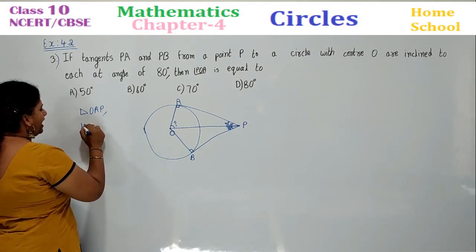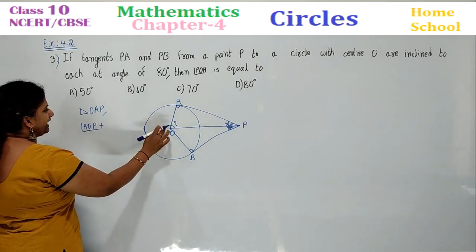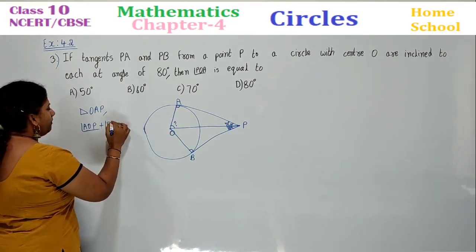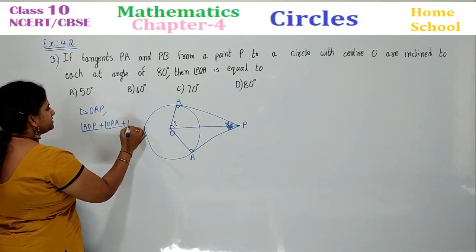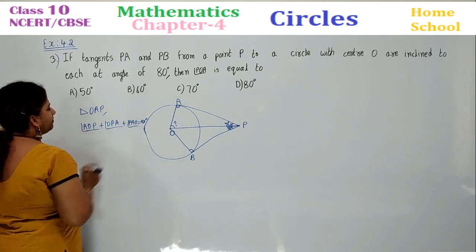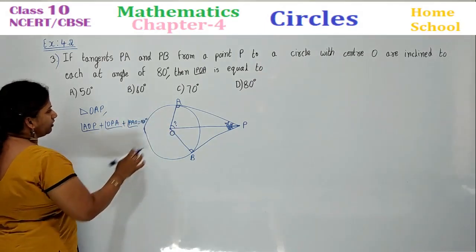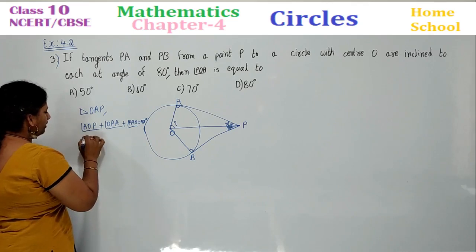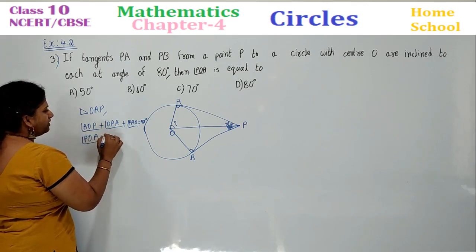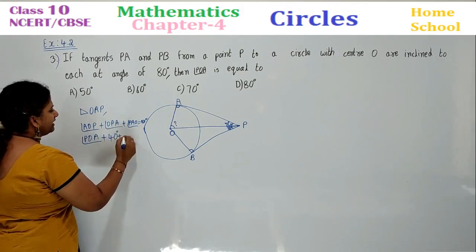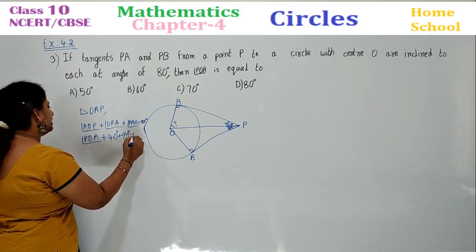So angle AOP means angle O, children, plus angle OPA plus angle PAO is equal to 180 degrees. What is angle AOP or POA? Both are same. If you want, you can write this POA also. OPA angle is 40 and this angle is 90, is equal to 180.